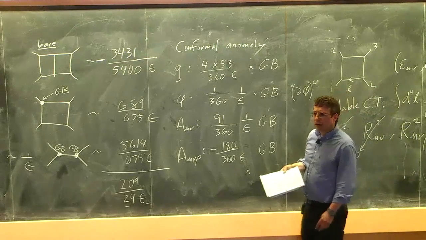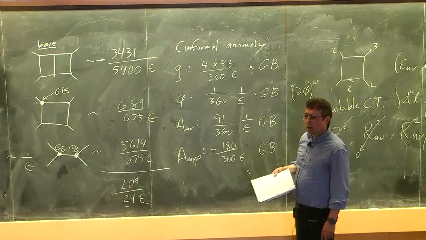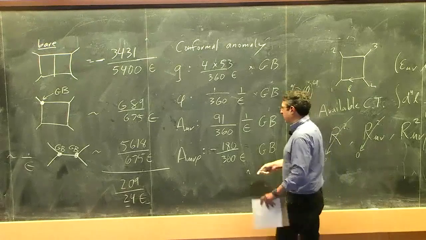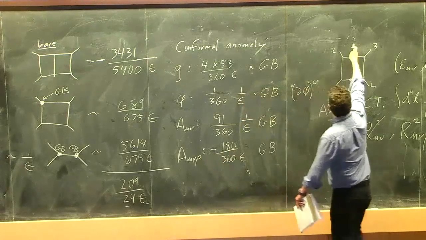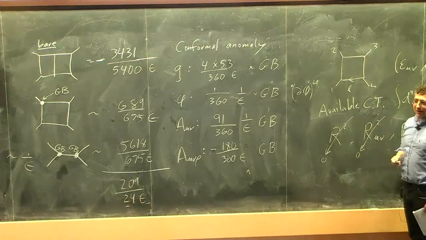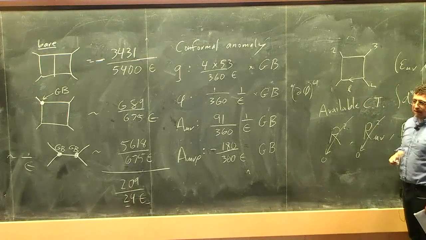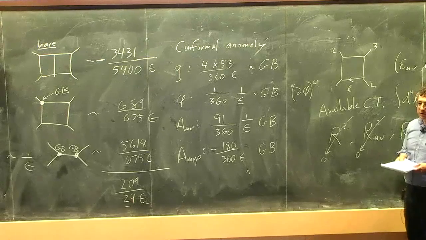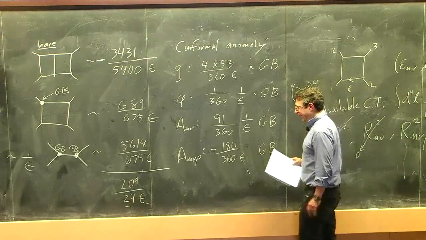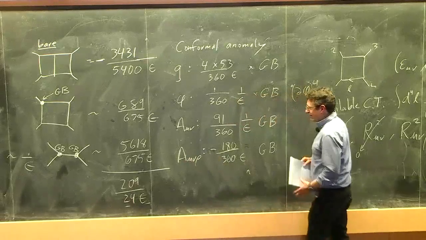Since you said that the last field doesn't have any actual degrees of freedom, what did you use for asymptotic states for those guys? Oh, in d dimensions it does. Also, it's on the inside. See, on the inside you're in d dimensions, so you're happy. Just do it in d dimensions. So it's formal polarization vectors in some appropriate combination. I mean, this thing is a little bit messy.